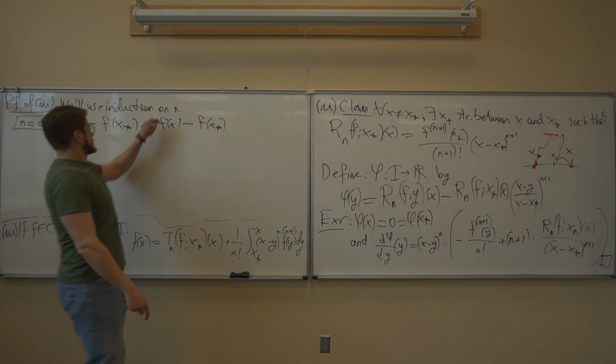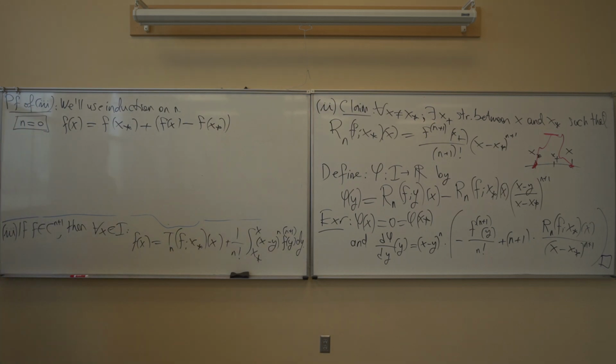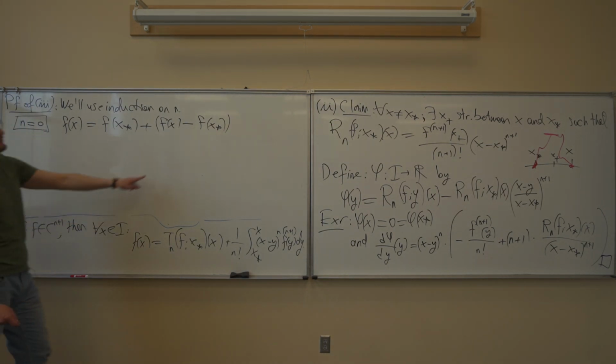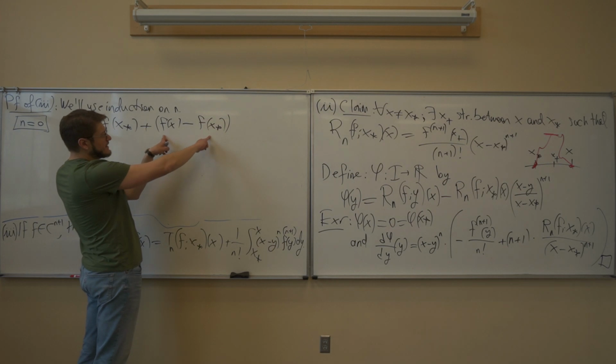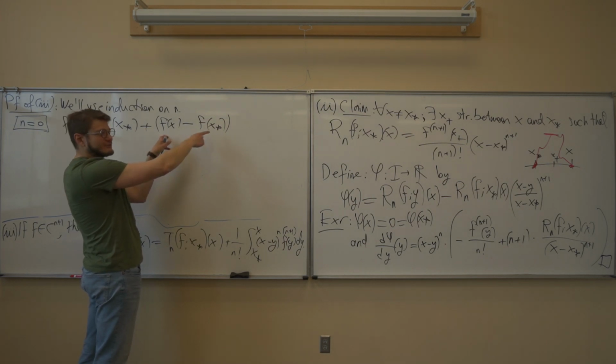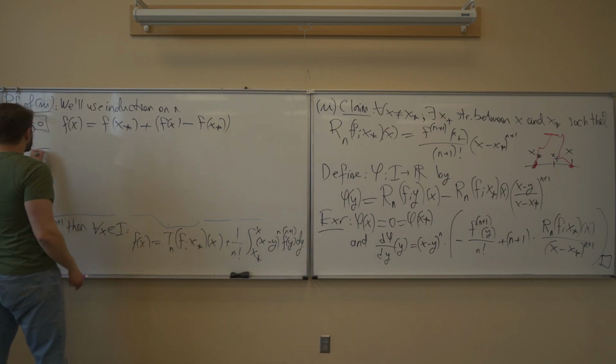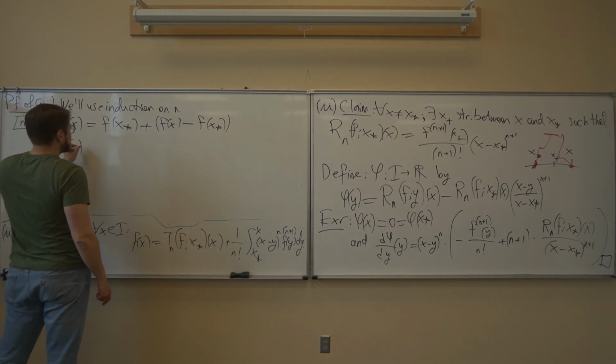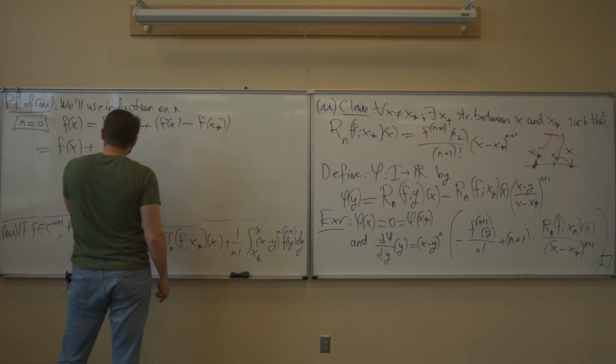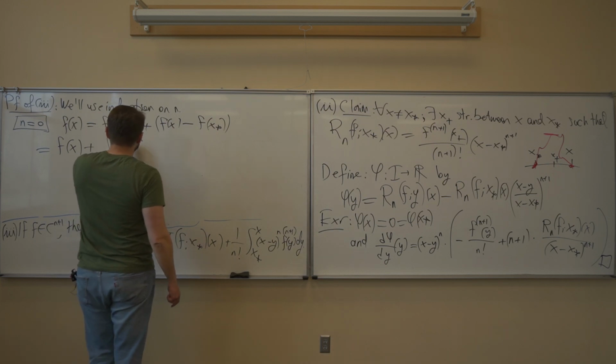I can just write it like this, but then I can use the fundamental theorem of calculus, the first part, to say that this indeed is nothing but the integral of the derivative of f, from x star to x.